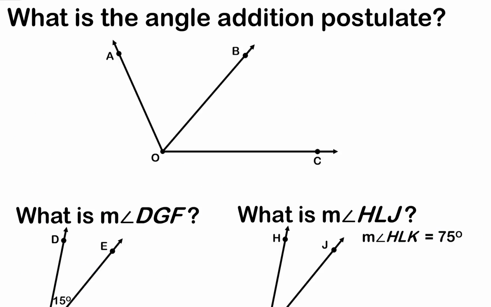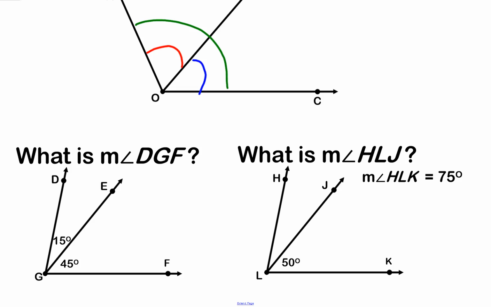All right, so what about, I'm sorry, that was the segment addition postulate. What about the angle addition postulate? That tells me that I can take the two smaller inside angles and they'll add up to the whole larger angle. So let's apply that down here. Here's 15.